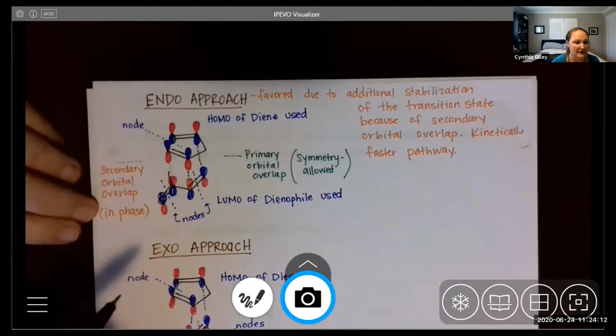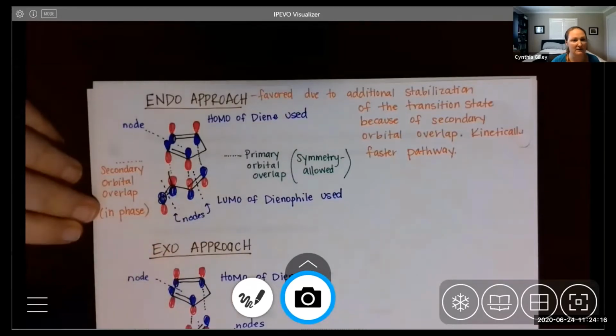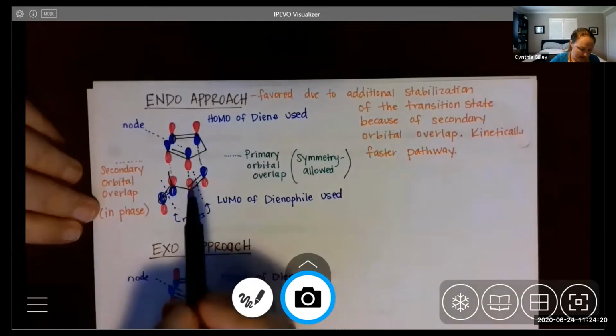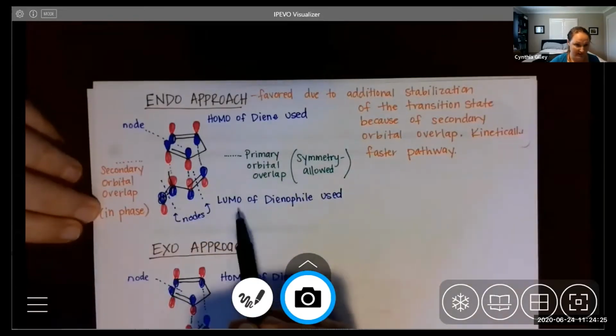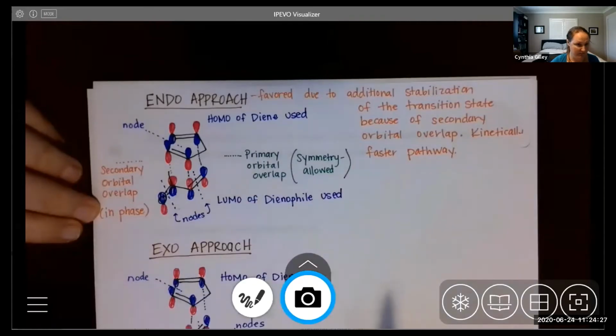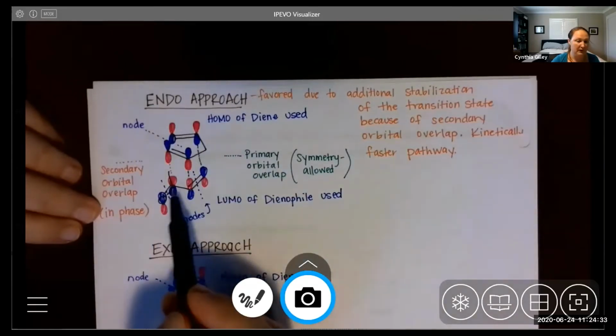So it utilizes its HOMO. It's basically donating electrons, so it needs to use an orbital that has electrons. And then the dienophile is accepting electrons, so it utilizes its LUMO, which doesn't currently have any electrons in it. And so I've drawn a picture of the HOMO and the LUMO of the two.